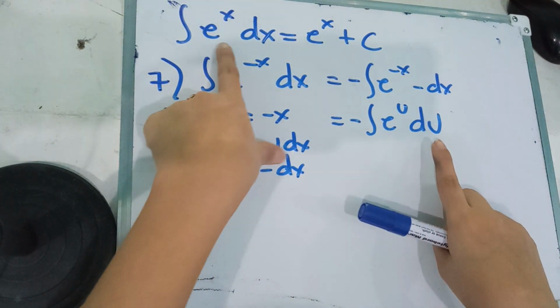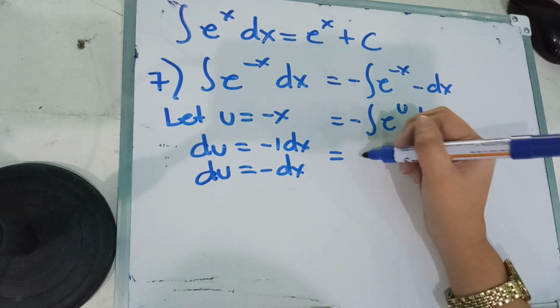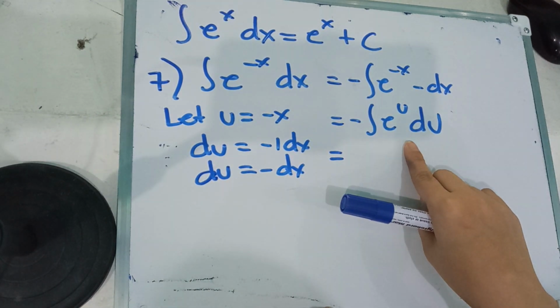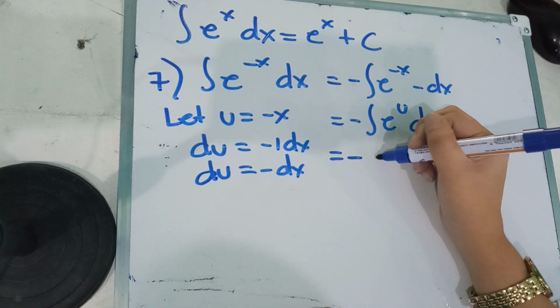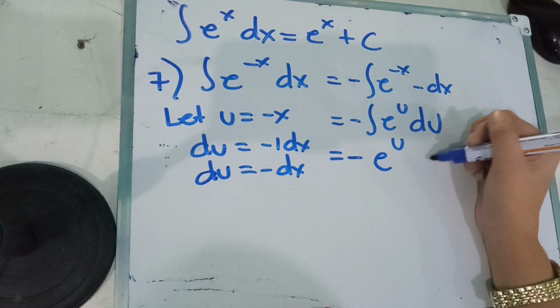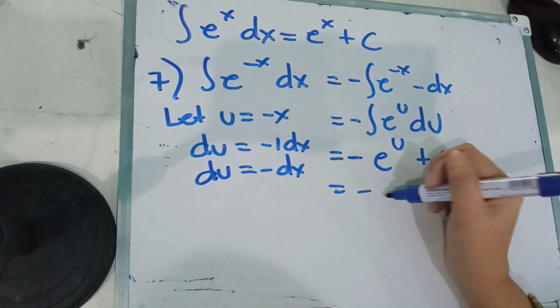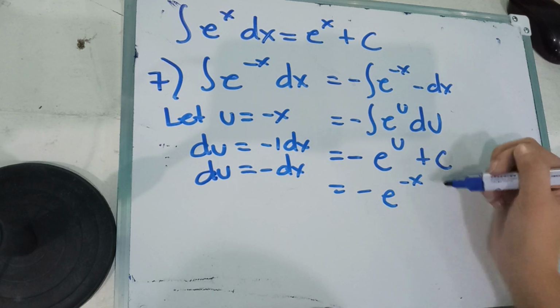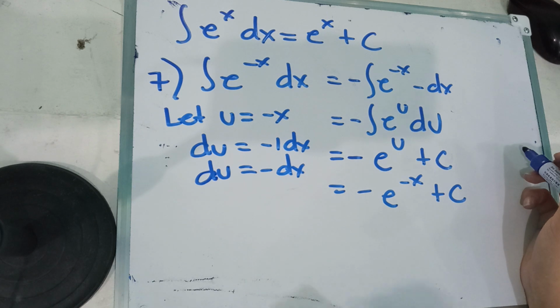Now since we have this form, therefore the integral of e to the power of u du is simply e to the power of u plus c. Now u is equal to negative x plus c.